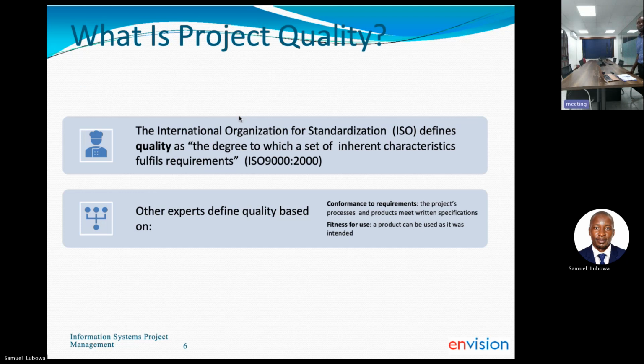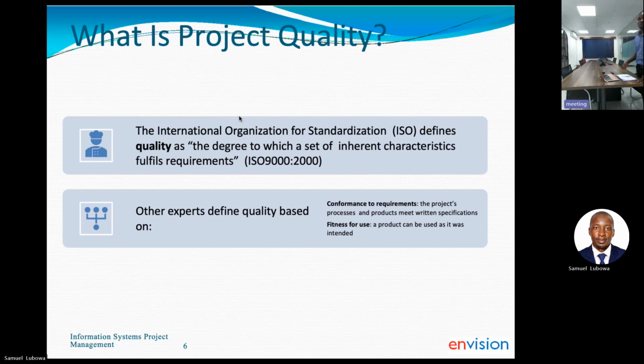So here we need to understand what project quality is. This can be extracted from various sources, but one of the best is ISO, the International Organization for Standardization. Actually, most people tend to confuse ISO as International Standard for Organization, but it is actually the International Organization for Standardization, which is basically an international body that regulates the quality of technology worldwide.